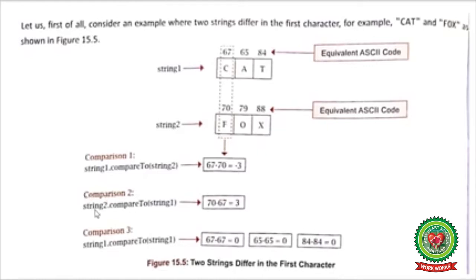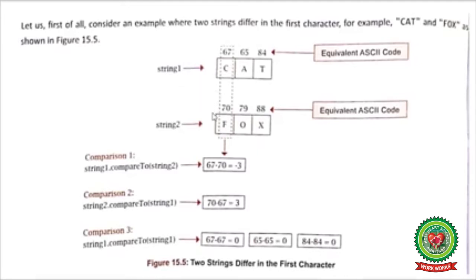If I write string2.compareTo(string1), now here first I write string 2 and string 2 has the value 70. So 70 minus 67 is equal to 3. So in both the cases, what happens?